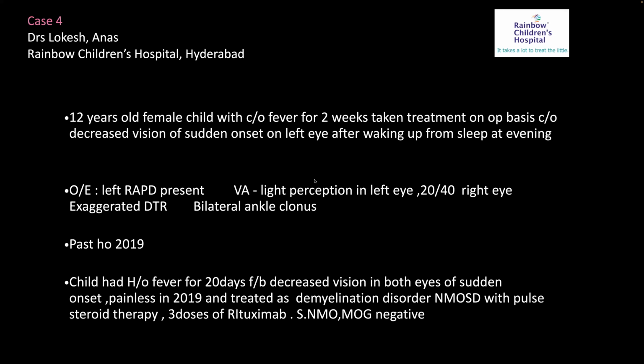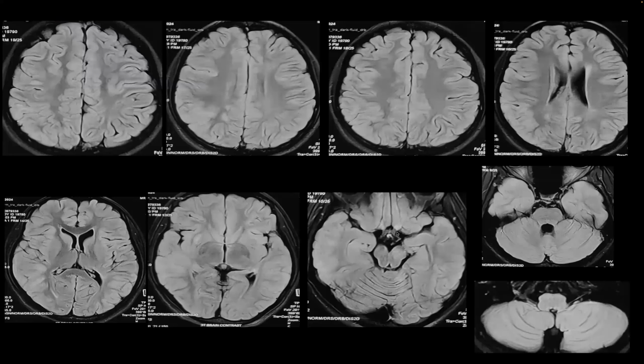We want to make sure we collected the MOG before the treatment and that we sent it to a lab which does live cell-based assay. Because sometimes MOG may be negative the first time, and if you repeat it at the second presentation before starting any form of immunotherapy, you will probably get it positive this time.